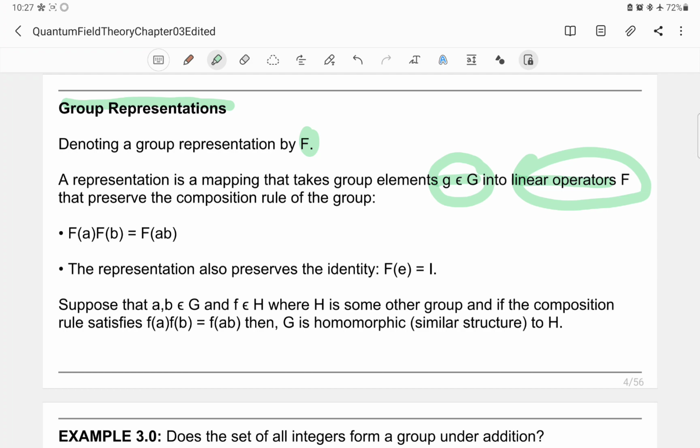So the composition rule of the group is preserved.